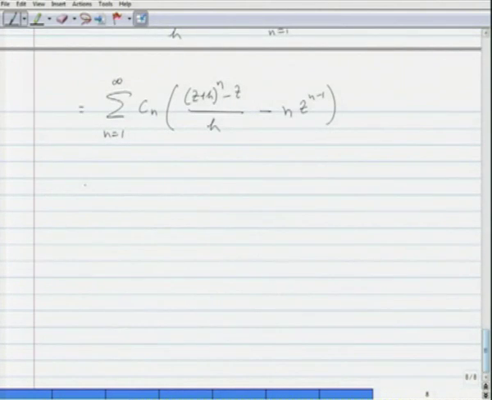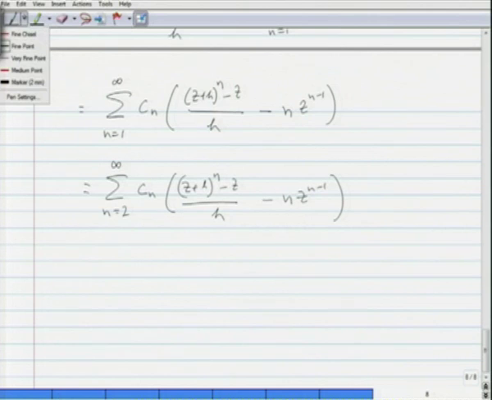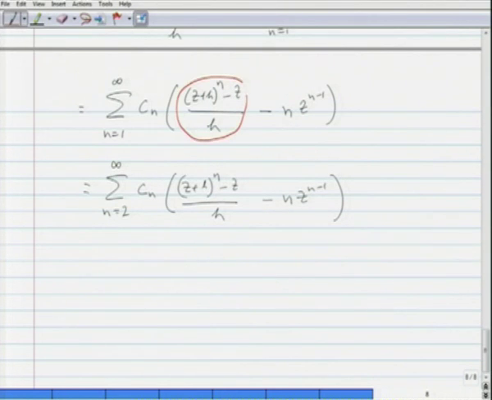Okay. And then further continuing, this is equal to sigma n equals 2 through infinity C n times (z plus h) power n minus z power n by h minus n z power n minus 1, because when n equals 1, what I have is h by h for this term, which is 1, and then I have n equals 1.